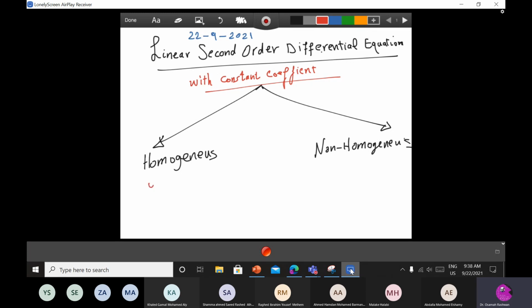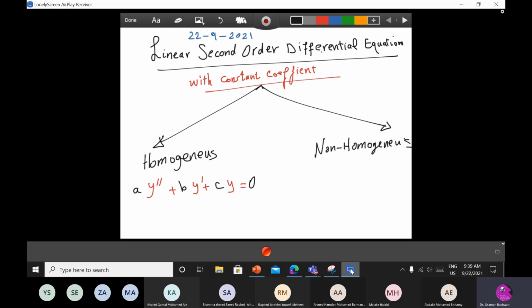This one has a shape y double dash, and you have a constant coefficient here. Let's start y dash and y equal to, if it is homogeneous, you don't have anything to the right hand side, everything in terms of y only, and you have a constant coefficient here. Okay, this constant coefficient will help you to solve this homogeneous differential equation.